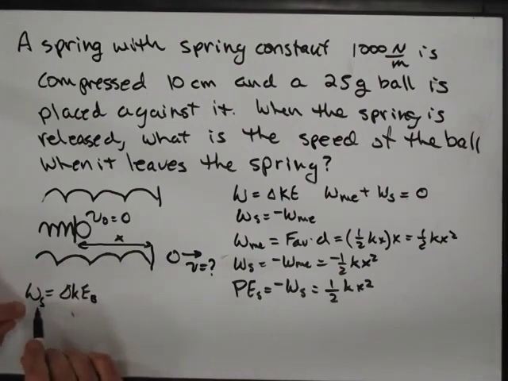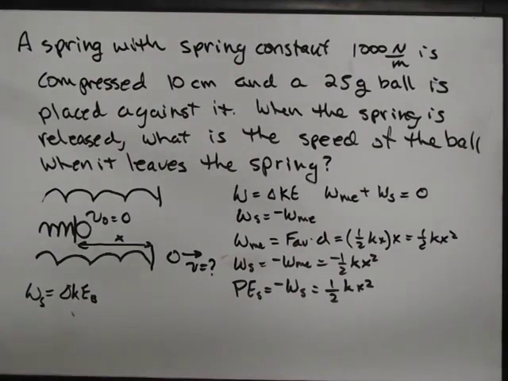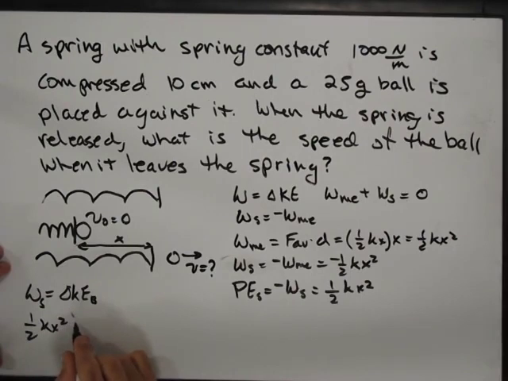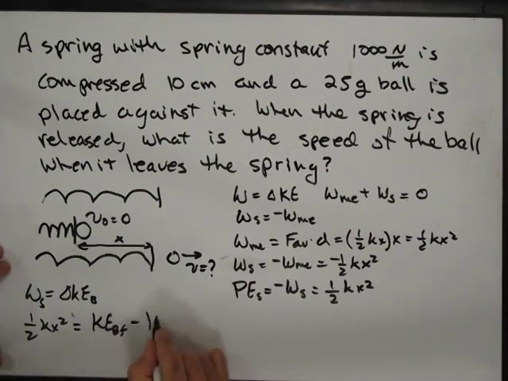But the work done by the spring is now positive. Positive 1/2 k x squared. And that's equal to KE ball final minus KE ball initial.